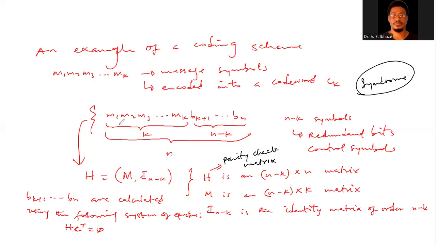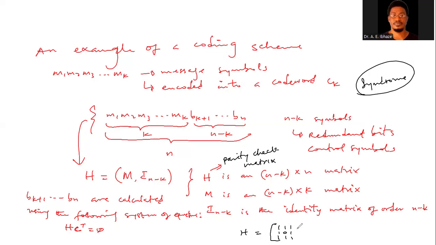Based on all of these expressions, we have been able to see that the parity check matrix is the same as this message bit matrix that contains the information, together with the identity matrix. So let's assume we have 1, 1, 1, 1, 0, 1, 1, 1, 1, for instance.